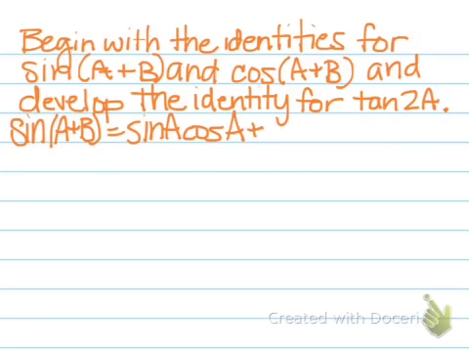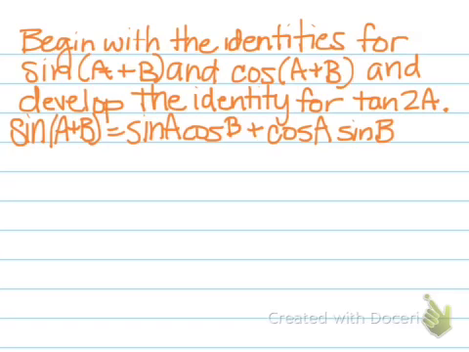So this should be sine a cosine b. So we'll trade that and make it a cosine b. And then this should be cosine a sine b.